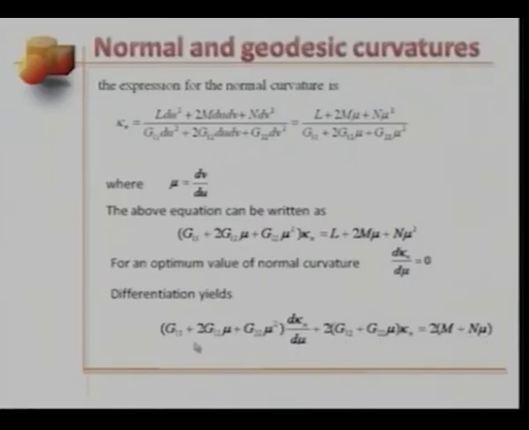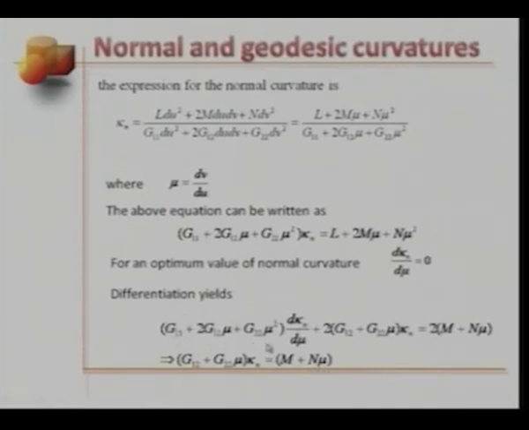So this here corresponds to the differentiation of the expression on the left hand side, and this here corresponds to the same for the expression on the right hand side. All we need to do is set d kappa sub n over d mu equals 0. That would give us g12 plus g22 times mu times kappa n equals m plus n times mu.